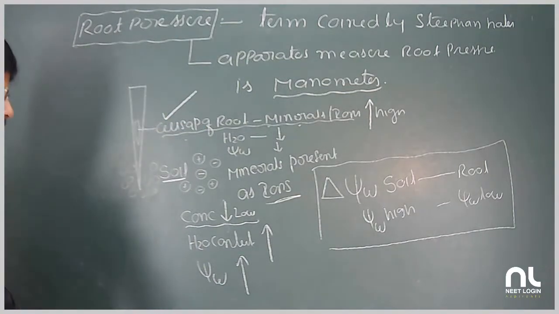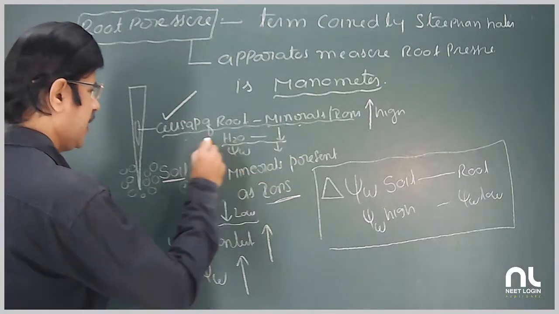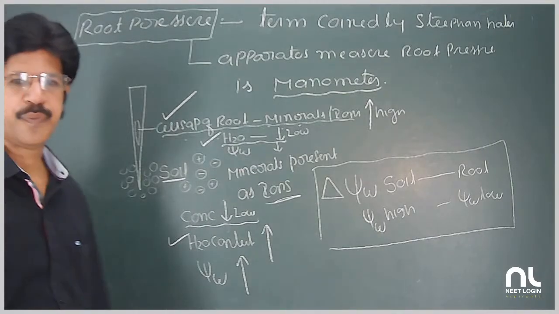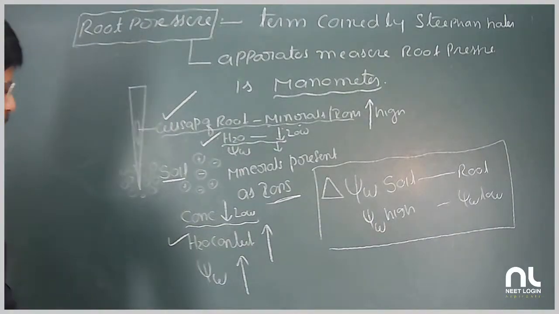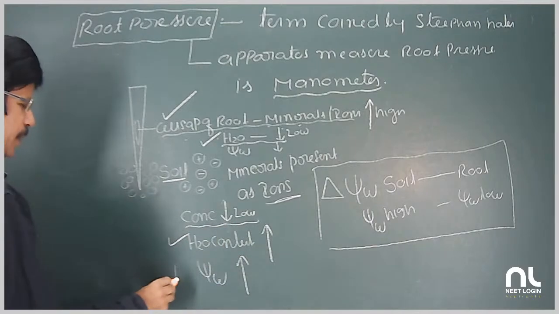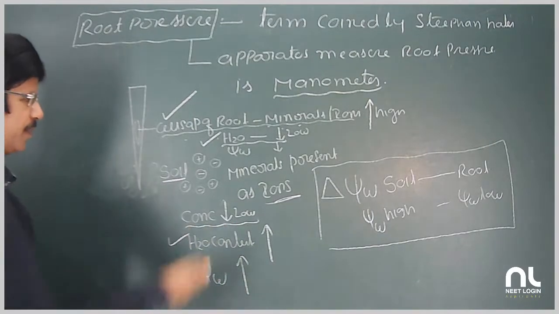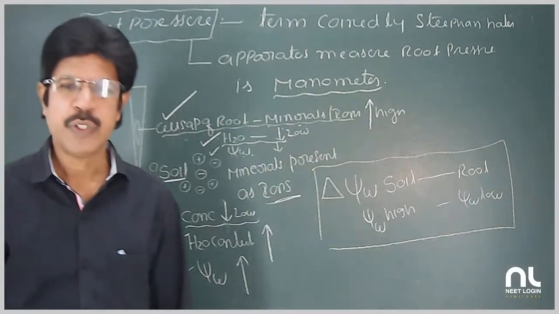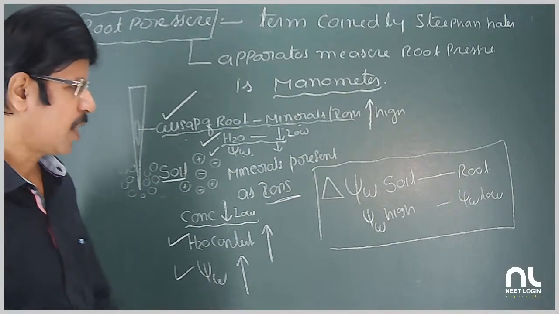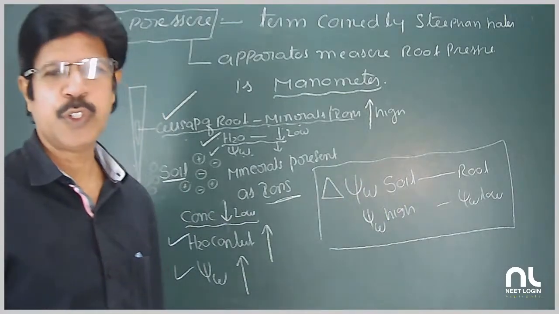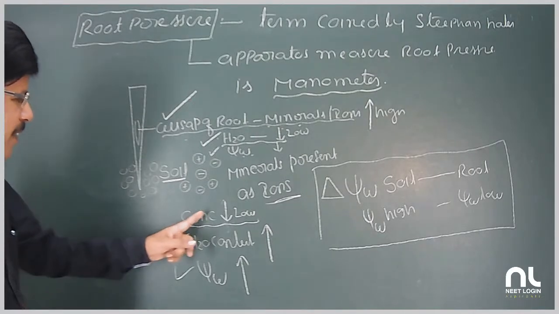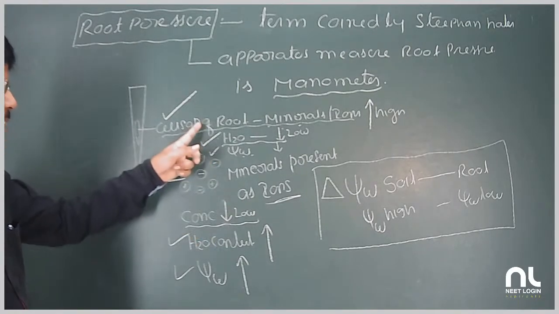Water content is high in soil and low in the root. Since water content is high, water potential is high in soil and low in root. So a gradient of water potential is established from soil to root. Mineral concentration is low in soil and high in root.